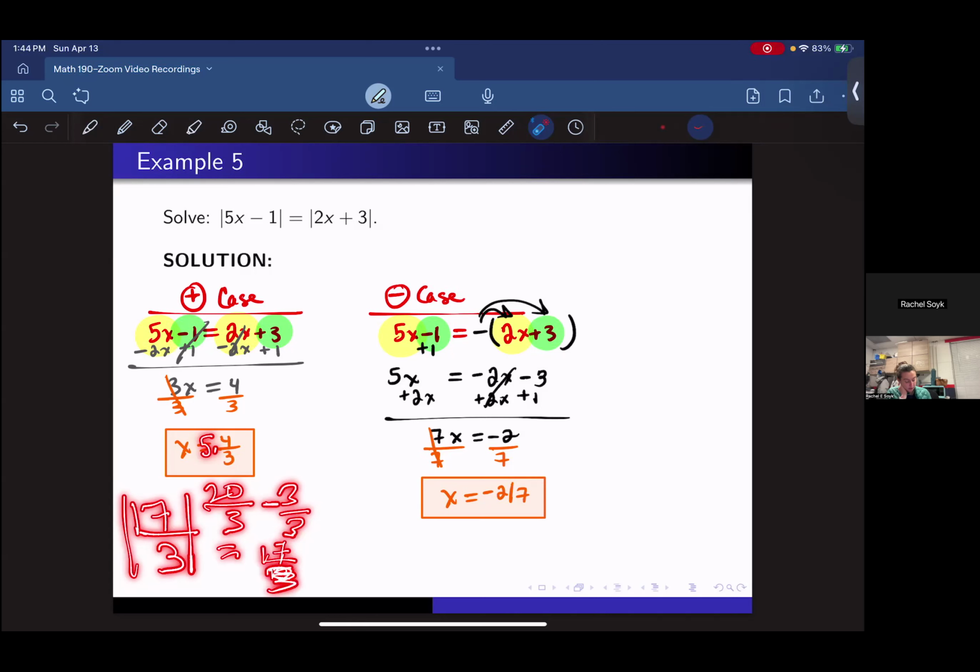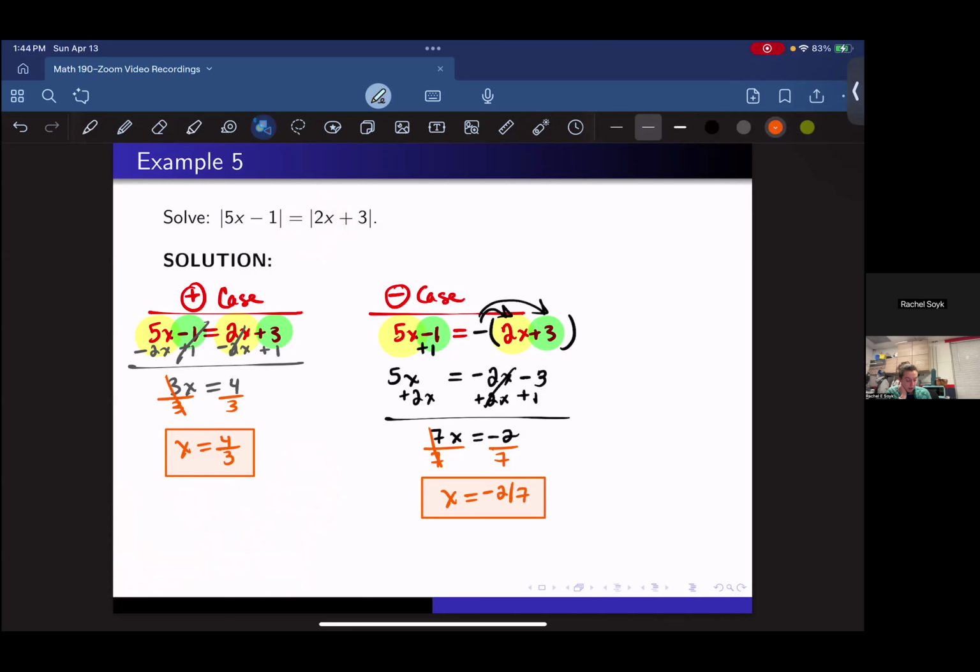Let's remember that. And then we have 2 times 4/3 is 8/3. Plus 3 is the same as plus 9/3, and that also gives us 17/3. The absolute value of that is still 17/3. So that solution works. Let's check to see if the negative case works.